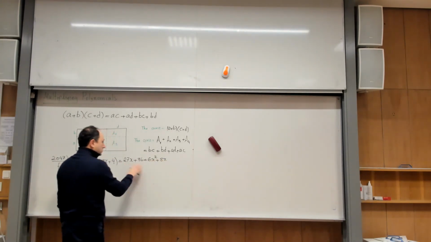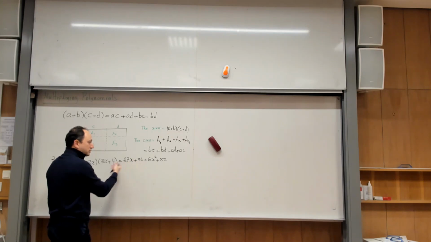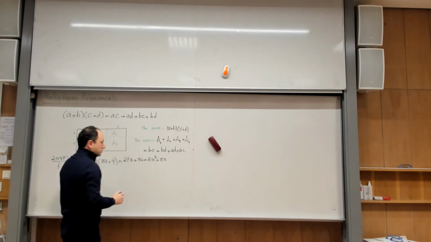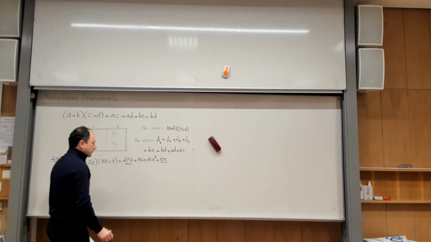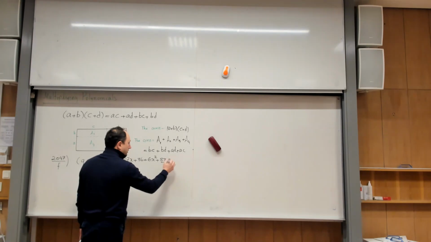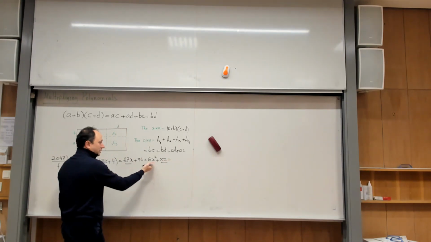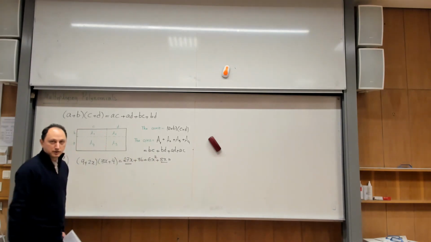And now you shouldn't stop here. This is the expansion part. The simplification part is that you need to determine which terms are similar and combine them together. This one and that one are similar. I myself prefer to organize the terms. It is not mandatory. I prefer to write a polynomial in descending order of the powers of the variable.